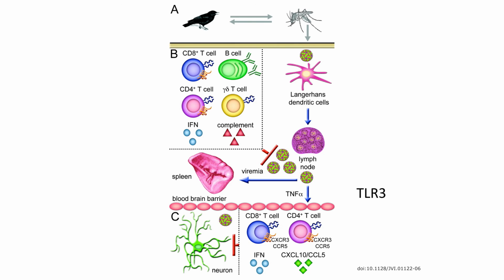That loosens up the blood-brain barrier and allows the virus to get in. So this is the part in the neuron, in the CNS, that we are trying to vaccinate against. Once the CNS is infected, immune cells then come in from the periphery, including CD8 and CD4 positive T cells, and these are essential for clearance of the infection.